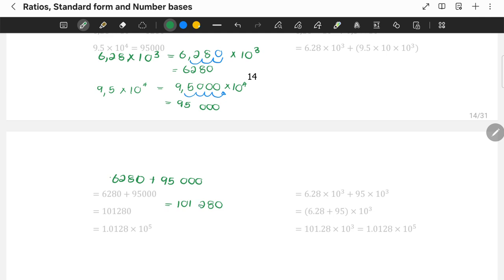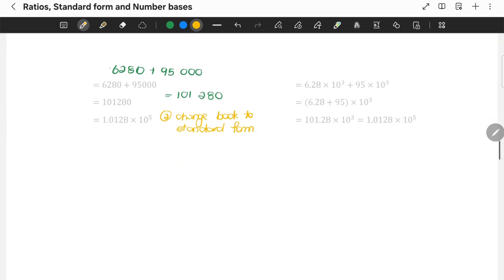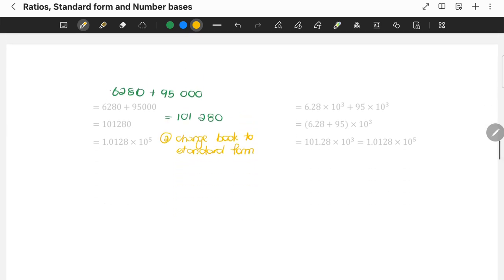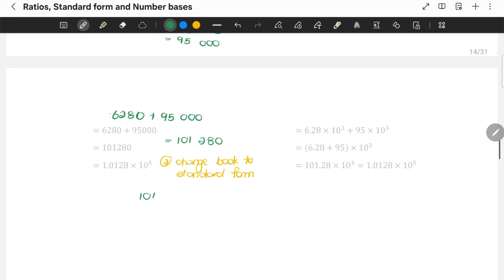And then the next step will be to change back to standard form. So in standard form, we have 101,280. Again, the comma is now moving to the left: 1, 2, 3, 4, 5.